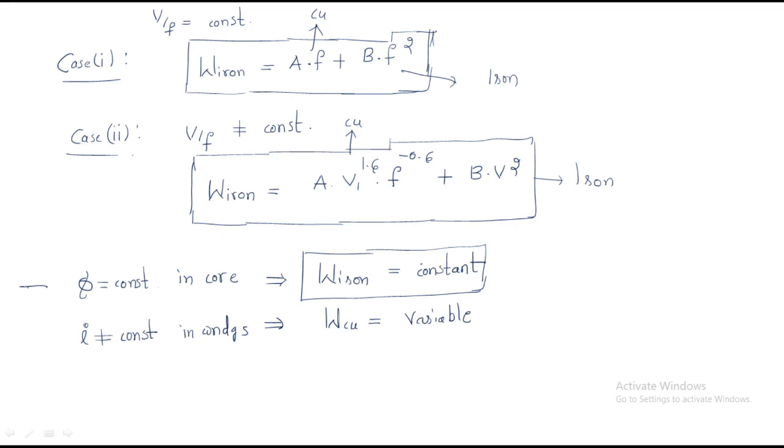That's why iron losses are called constant losses, and copper losses are variable losses.